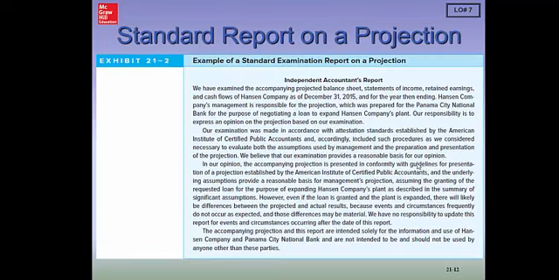Standard report on the projection, very similar, is that we have an opinion. "In our opinion, the accompanying projection is presented in conformity with the guidelines for presentation of a projection established by the AICPA, and the underlying assumptions provide a reasonable basis for management's projection, assuming the granting of the loan request for the purpose of expanding the plant as described in the summary."